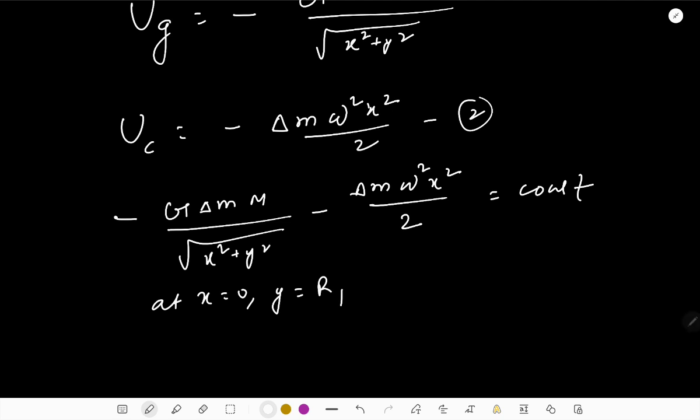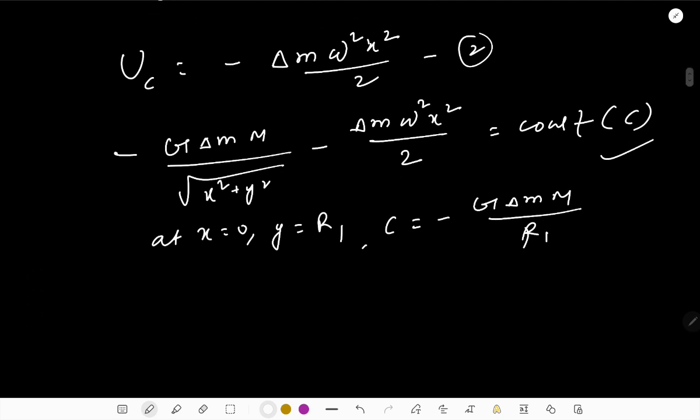If I call the constant c, you will get c equal to minus G delta m by r1. We can also put in another piece of information, but we don't need to. Just put this value of the constant in this equation.